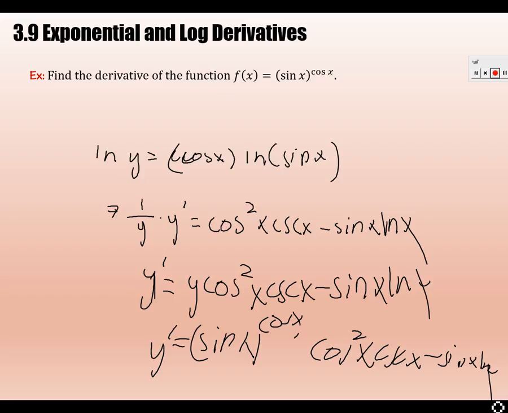I guess that's right. ln of what at the end? Yeah, sin x times ln of sin x.